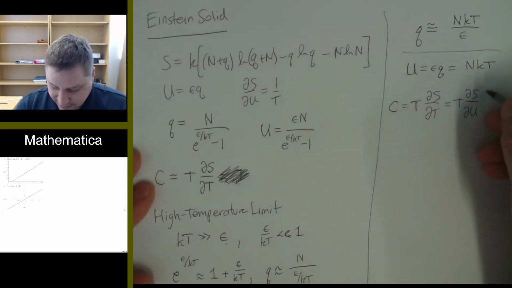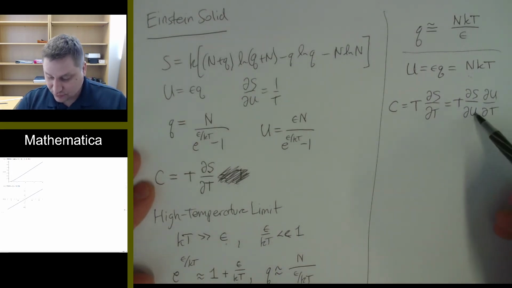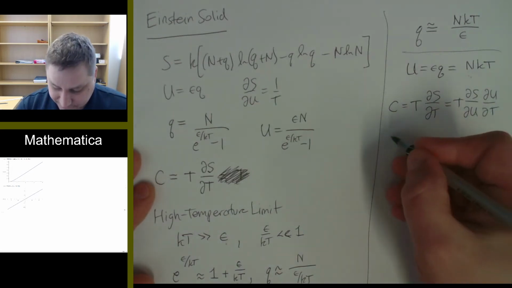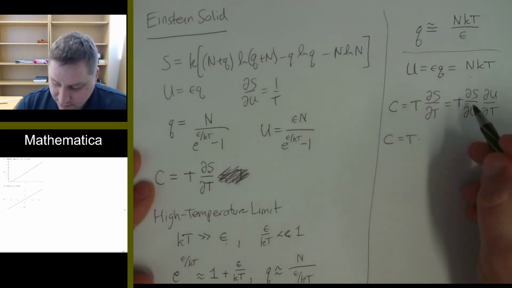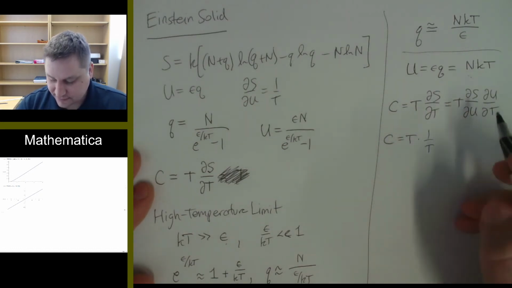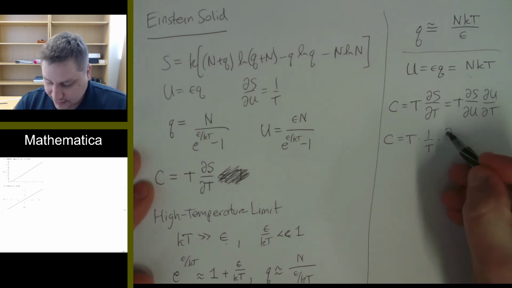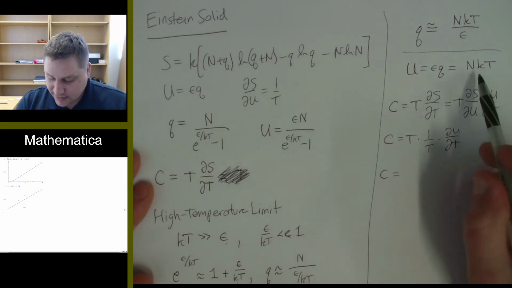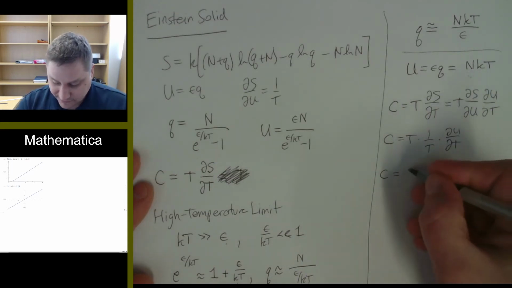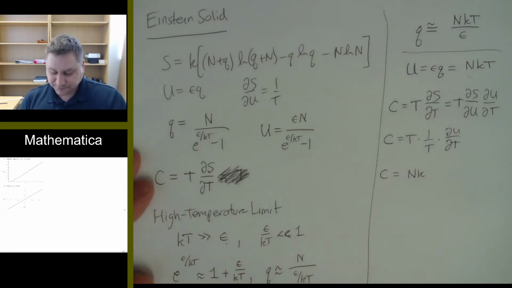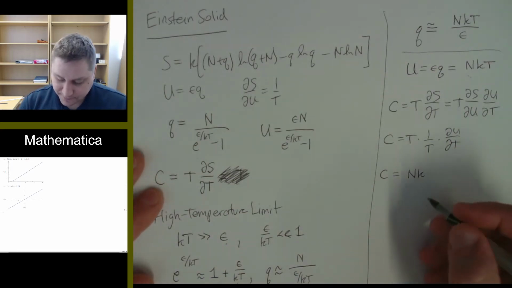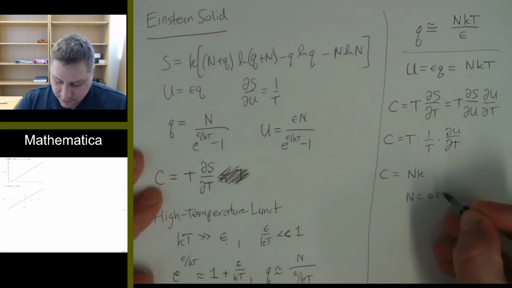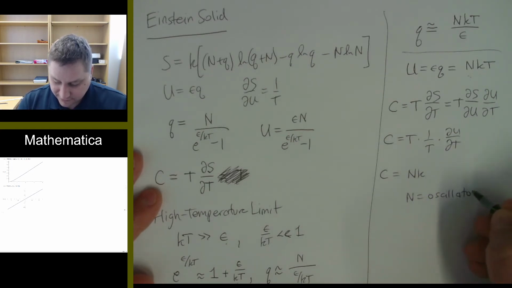We are going to do dS/dU and dU/dT as a chain rule with U as the intermediate variable for that derivative. So the dS/dU is defined as 1 over T, and so the dU/dT is the only one we really need to do. And here is U as a function of T, so this heat capacity is just equal to Nk for the Einstein solid, where N is the number of oscillators.